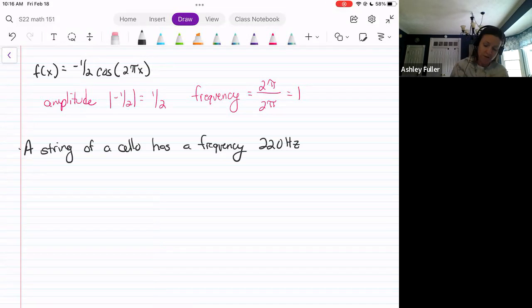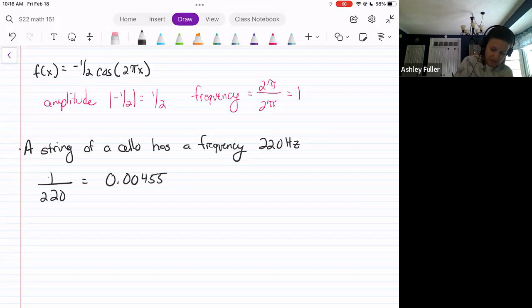That means that 220 cycles happen per second as that string vibrates, and we can change this into the length of 1 cycle. Remember, the frequency and the period are reciprocals of each other, so we can do 1 divided by 220, and what we discover is that in 0.00455 seconds, 1 vibration of the string occurs.